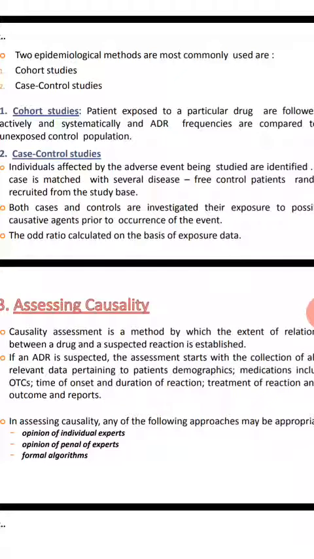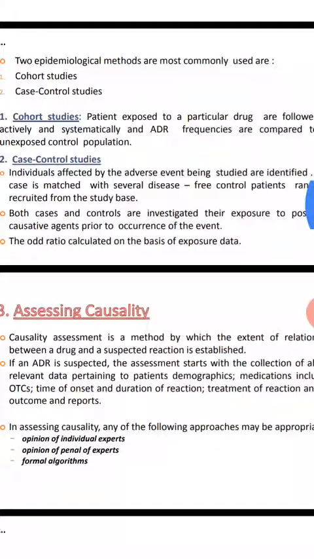Okay, so in case control, the affected persons are collected here. The individuals affected by the adverse events being studied are identified, and also you have to compare them with controls without the particular event of interest.